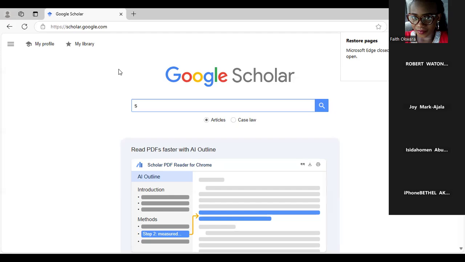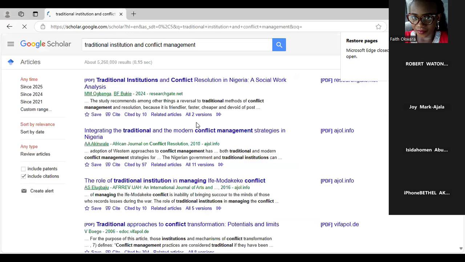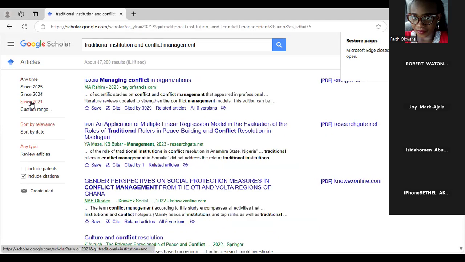Yes. So give me some keywords, or even just do this: traditional institution and conflict management. Let's try this. Okay. So we have integrating traditional and modern conflict management strategies in Nigeria. So let's just find out. I like using more recent, so let's limit.